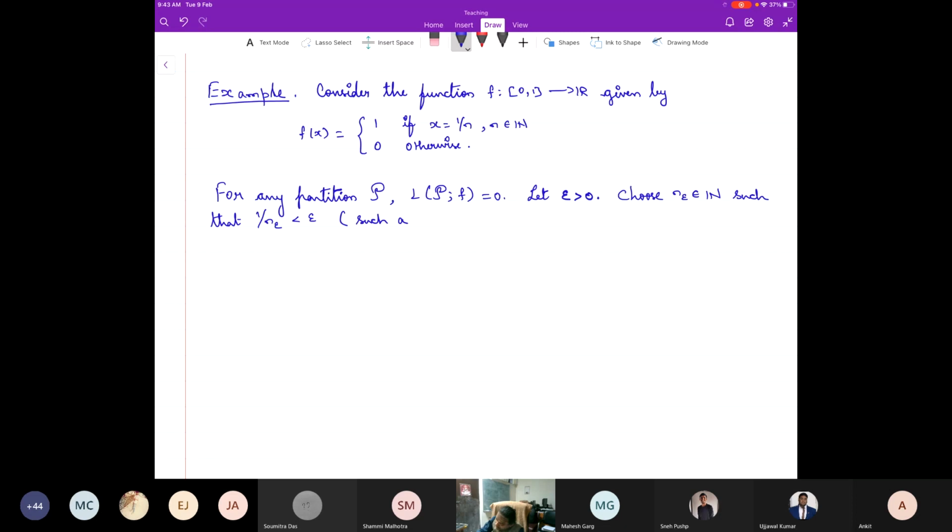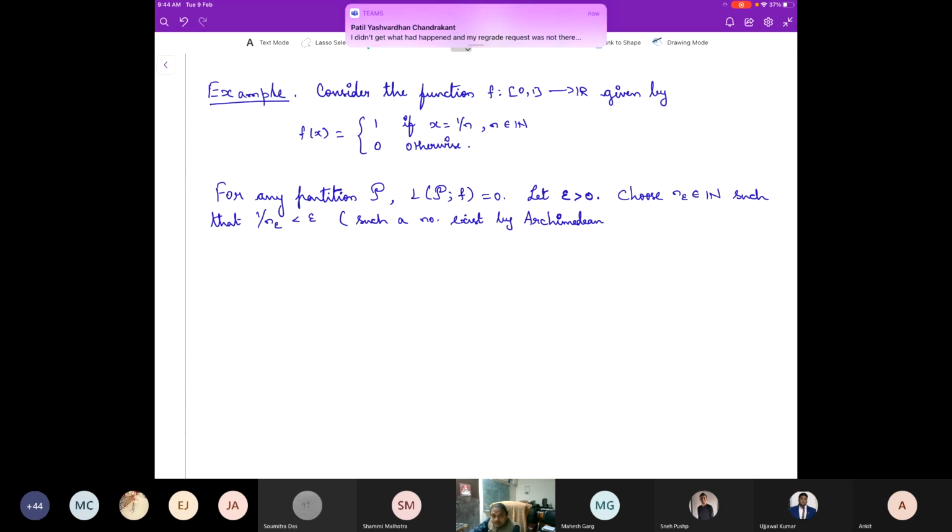Such a number exists by the Archimedean property. Fine. Then what do you do?